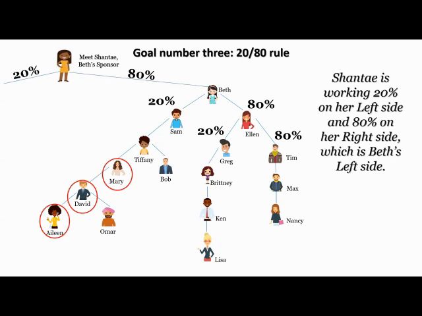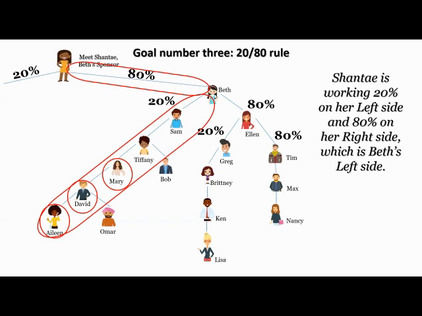And Shantae has a left and right line as well. And she's doing the 20-80 rule. She's doing 20% on her left side and 80% on her right side, which happens to be Beth's downline. And so Beth's left side is Shantae's power line. Do you see how this works together as a team?